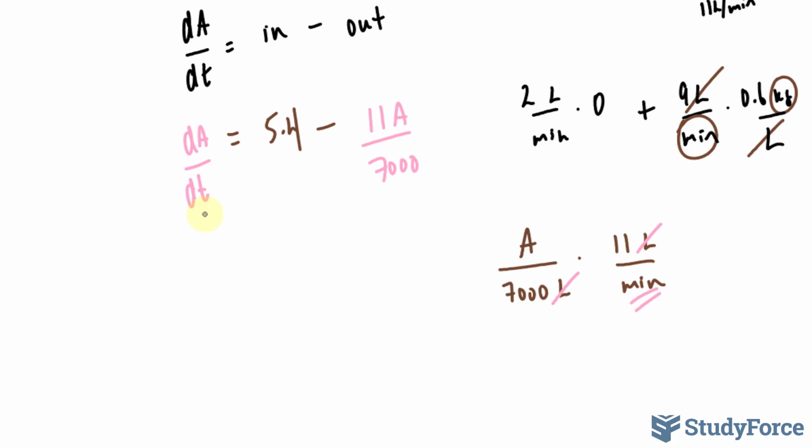It's separable. Let's go ahead and separate it, integrate, find our c, and conclude. We need all the A terms and the t terms on one side, and we can do that by first combining these two terms. We end up with 5.4 times 7,000, finding a common denominator between 1 and 7,000: it's 7,000 minus 11A over 7,000, dA over dt.